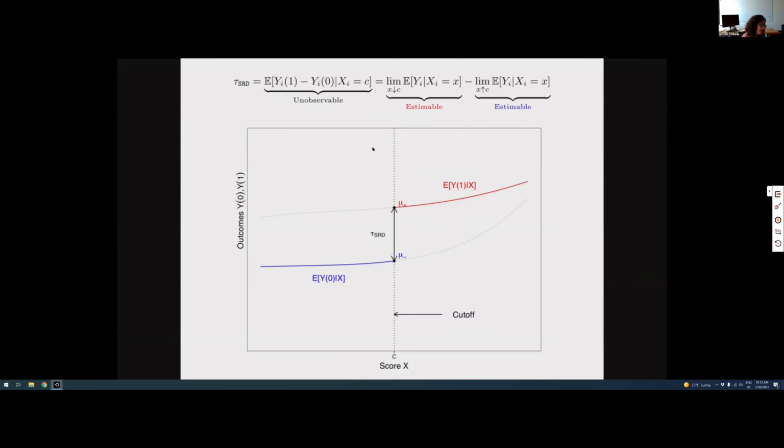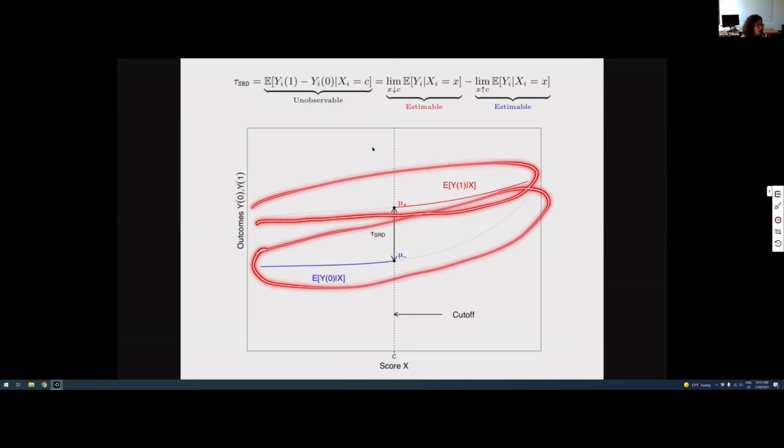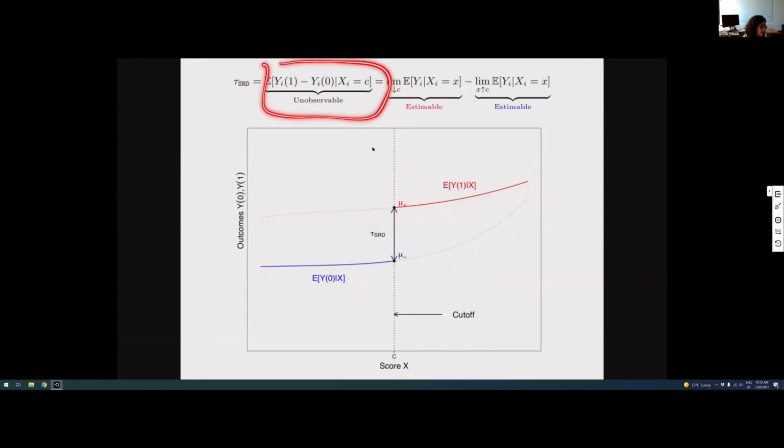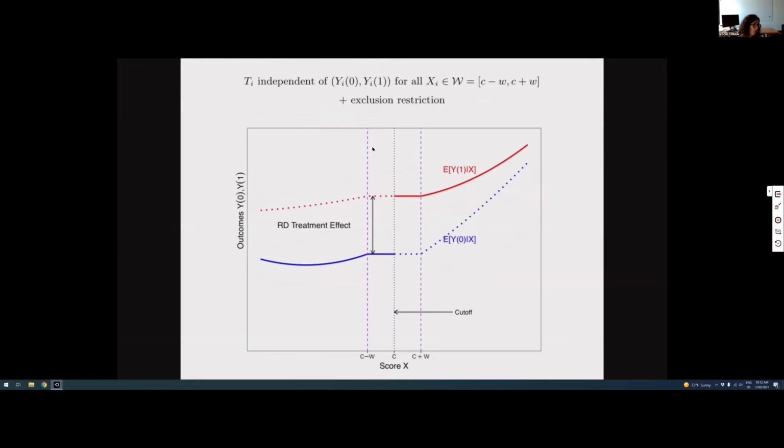You have the regression function under treatment and under control, and you define the treatment effect of interest as the vertical distance between these two regression functions at the cutoff. Of course, this is an unobservable effect, and you base identification on continuity assumptions about these functions. Matias will give you more details about this.